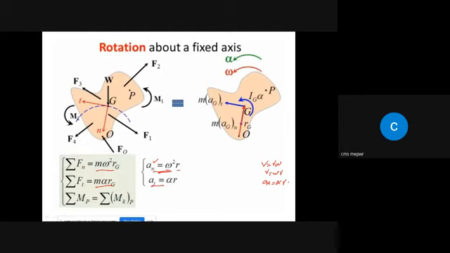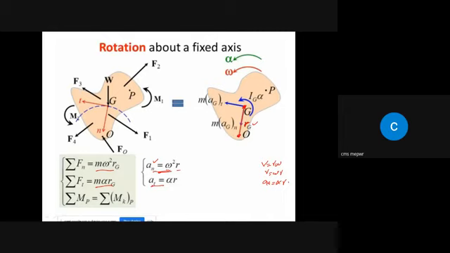that perpendicular distance, the distance of point G from the point about which rotation takes place. So this is RG, the position vector showing the position of point G from the center of rotation.